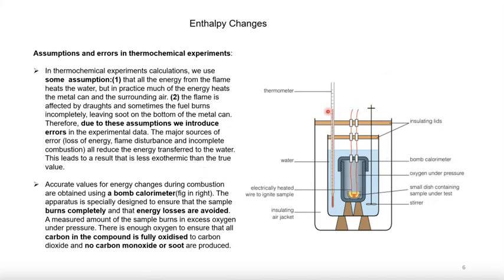Generally, in an AS level or A level laboratory, they do not supply this bomb calorimeter. It is used in undergraduate classes, and the experiment should be done very carefully, and safety precautions should be taken in these sorts of experiments.